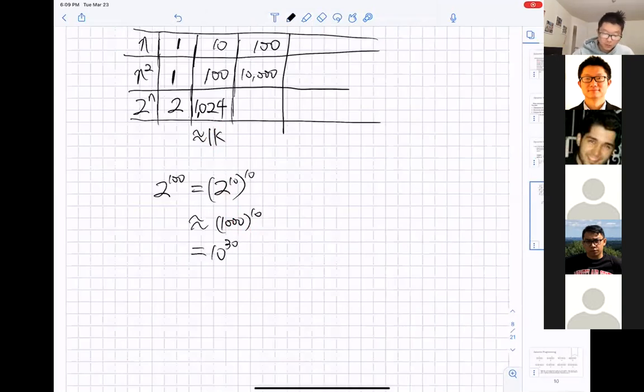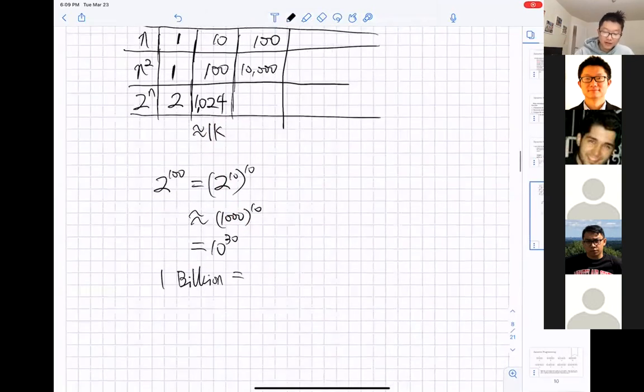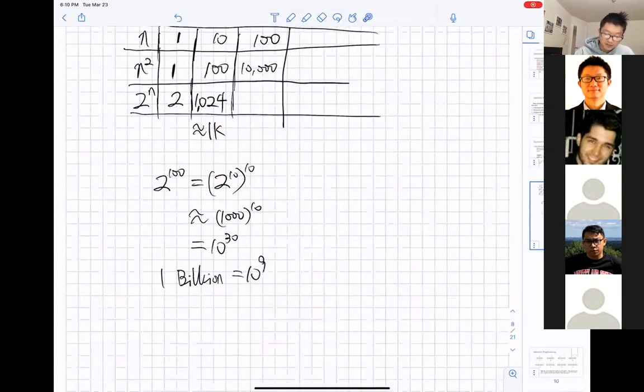Let's say 1 billion is 10 to the power of 9, right?